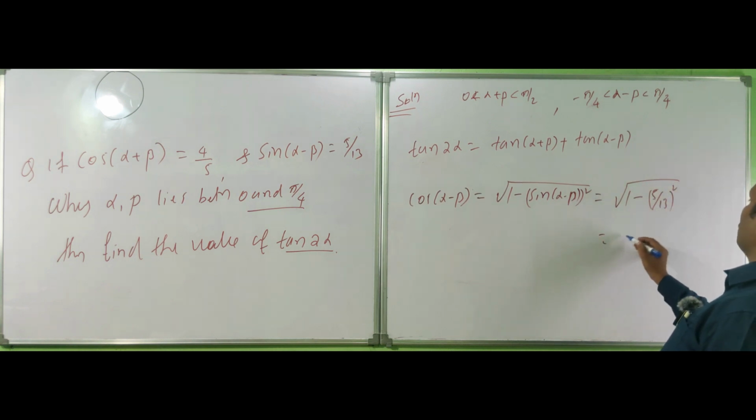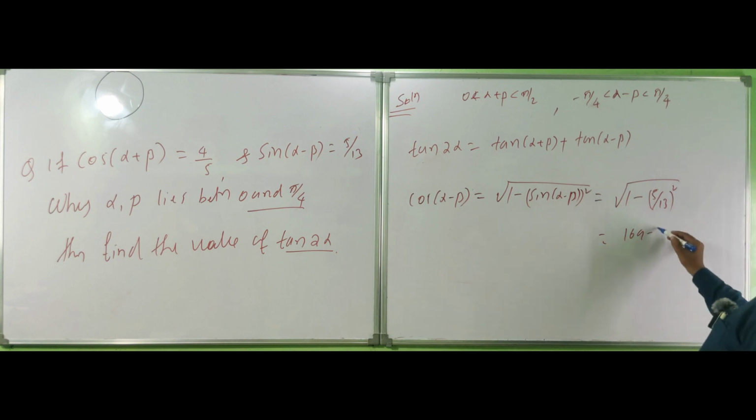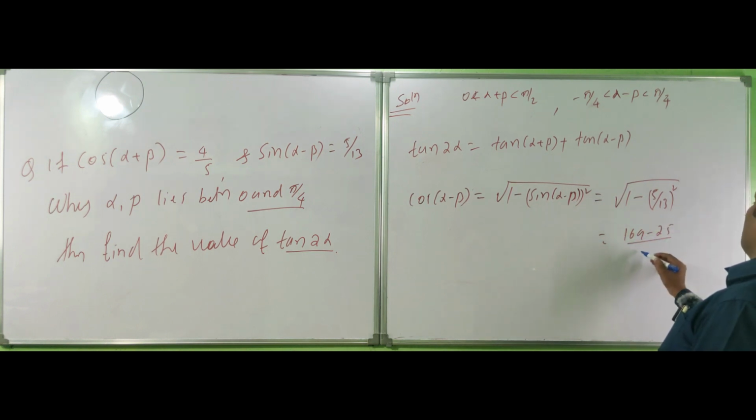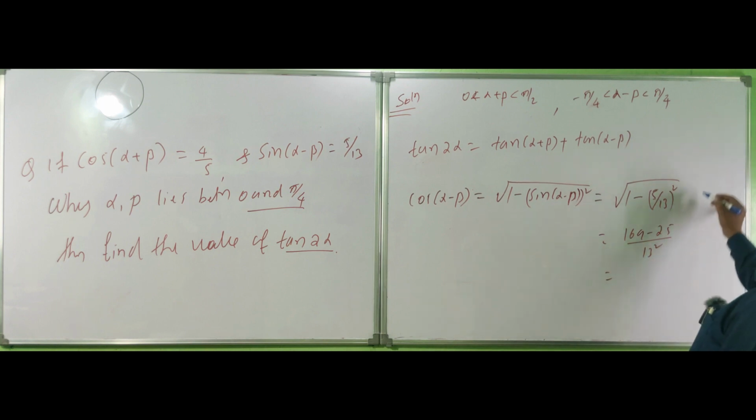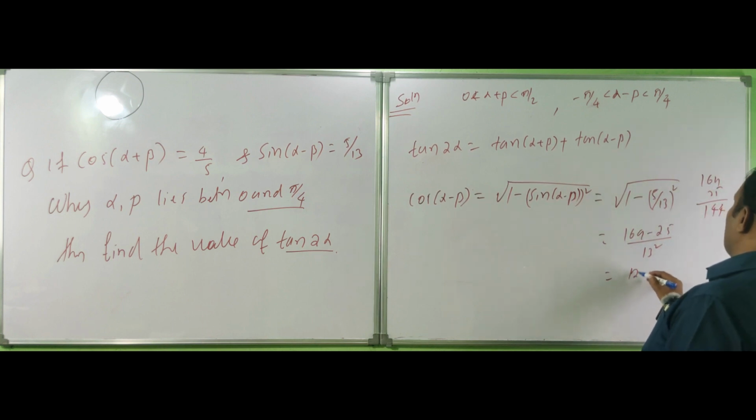This gives 169 minus 25 over 13 squared. 169 minus 25 gives 144, so 12 squared by 13 squared. This gives 12 by 13.